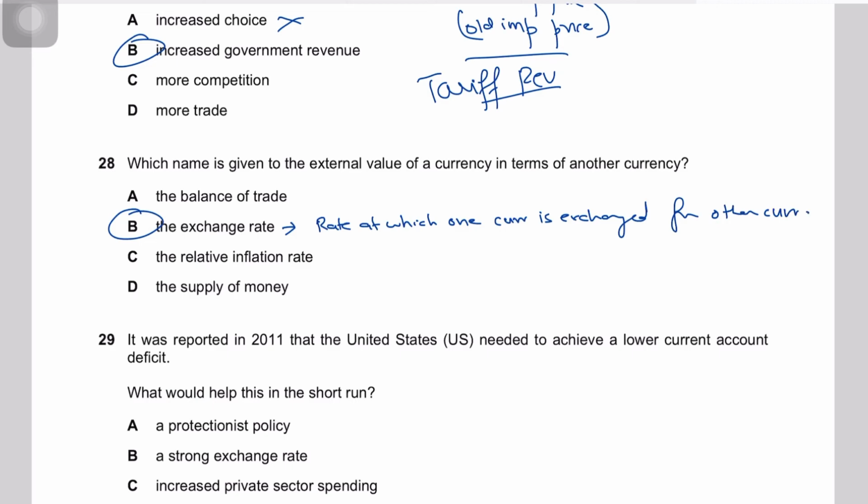For instance, the rate at which $1 would be sold to buy rupees is, let's say, 150 rupees. So we can say that $1 is worth 150 rupees externally, and 150 rupees is worth a dollar externally as well. That is the external value of the currency in terms of the other currency.